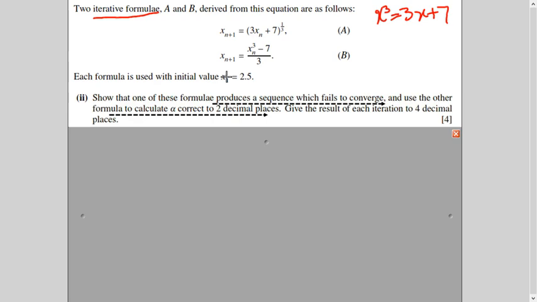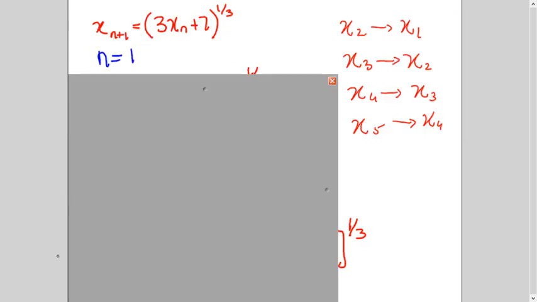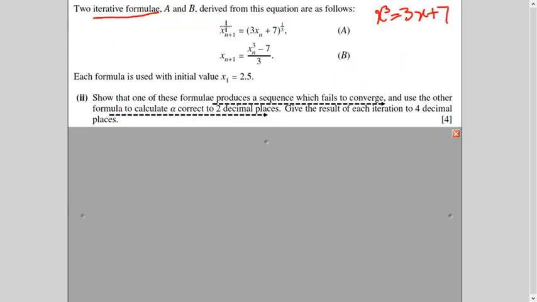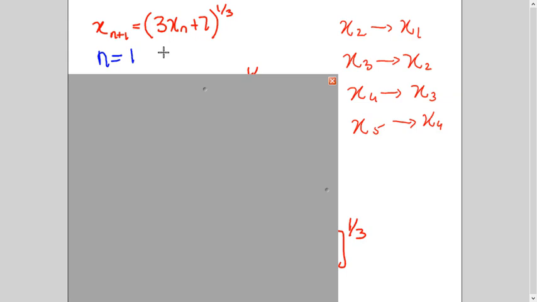So before I show you the working, let's understand the meaning of this n plus 1 and n, and this x1 is equal to this. To make you understand, I have picked only the first formula here, just to explain how the values work. And then I will show you the working. Suppose this example is given here. If you notice, it is n plus 1 and this is n.